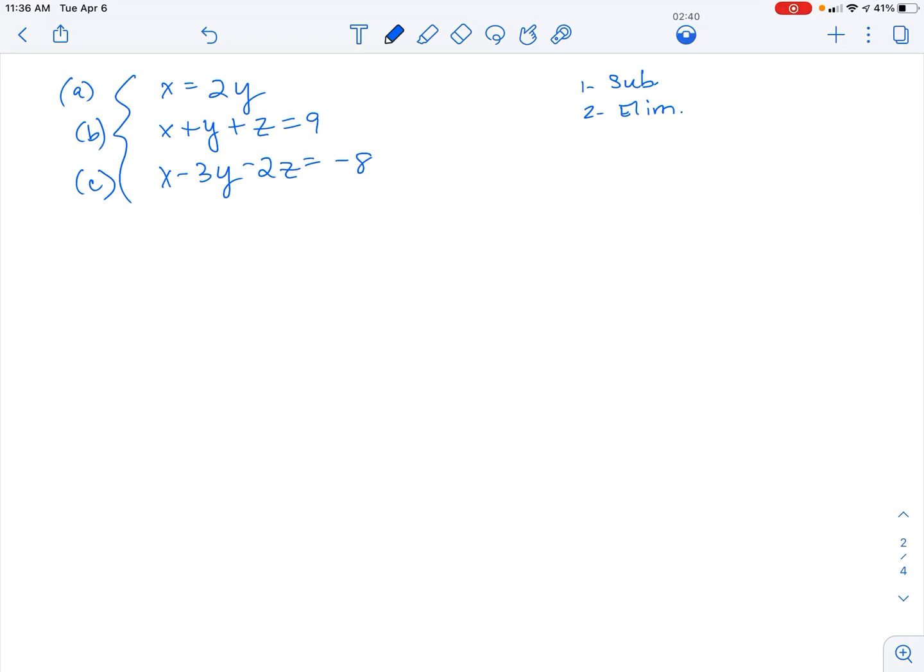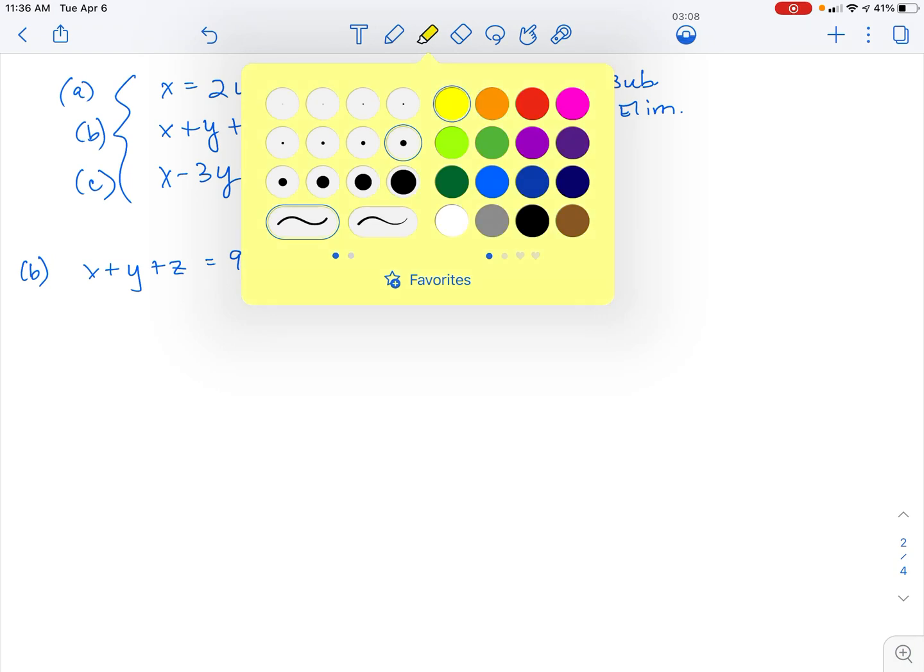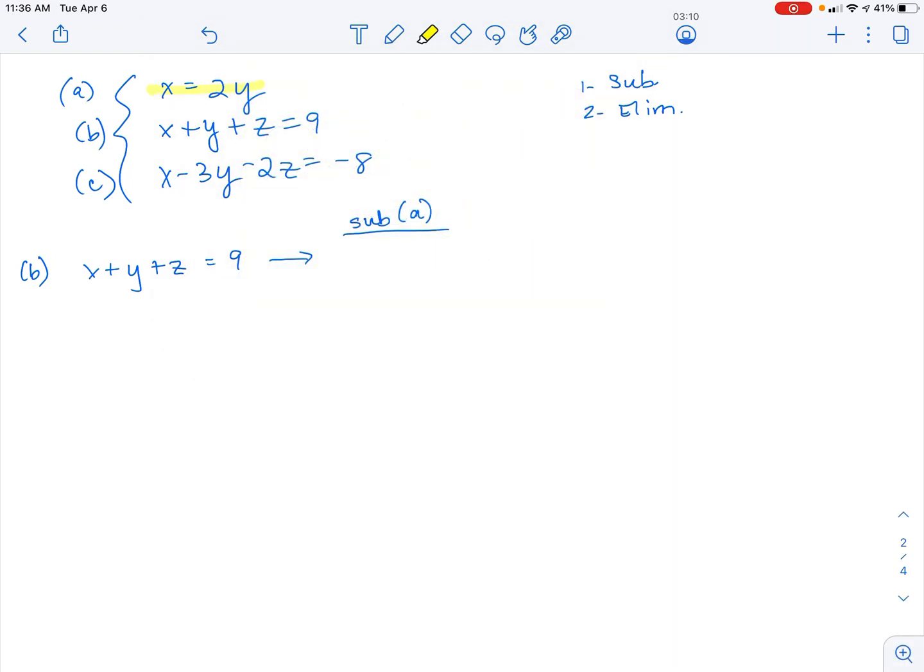The first thing I want to do is pull down my second equation. The reason I'm going to choose the second equation is because I can take my first equation and substitute it in for x. So I've got equation B right here, and off to the side I'm going to substitute equation A into equation B. Equation A is x equals 2y.